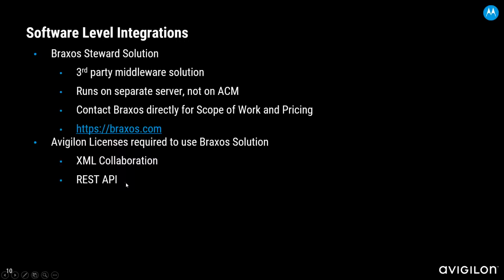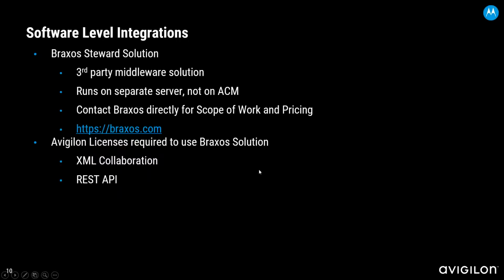Also, in some cases, Braxos will need to be able to write information back to ACM, things like floor selection. If that's required in your environment, they would need to be able to write that information back to ACM, so REST API will also be necessary.